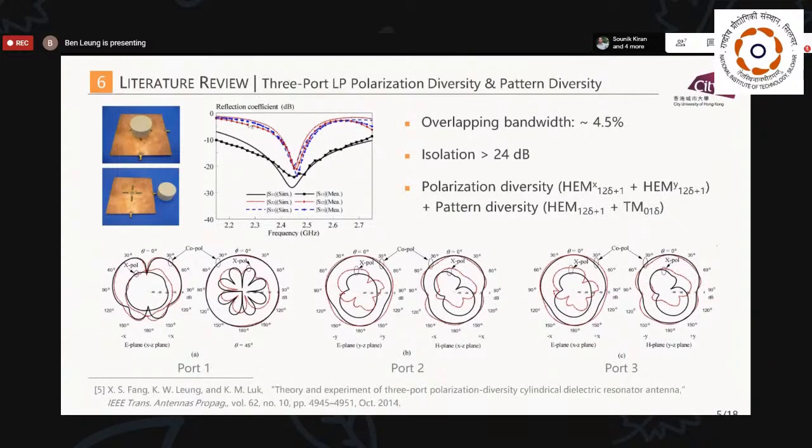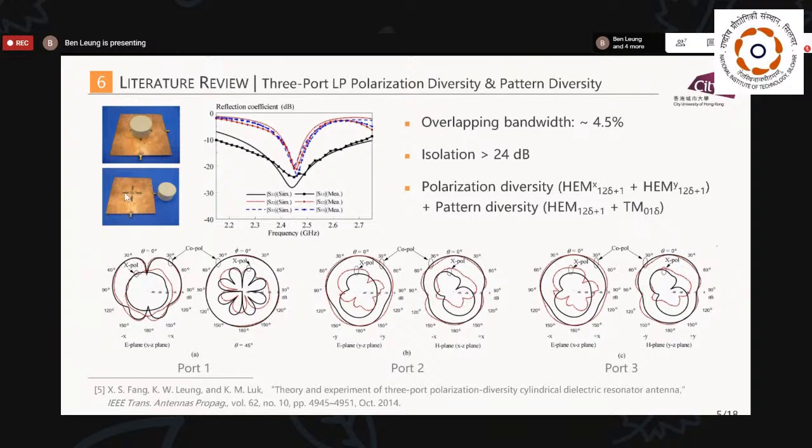Okay, apart from the two-port design, we have also done a three-port polarization and pattern diversity design. Now the polarization diversity comes from this one and this one. They make use of two degenerate DRA modes, and for the pattern design, the third port uses a probe.